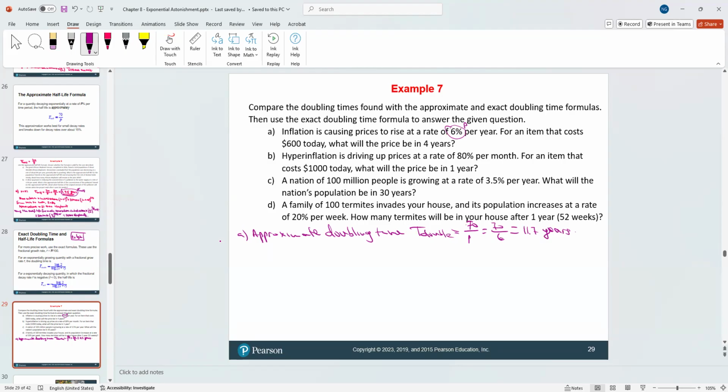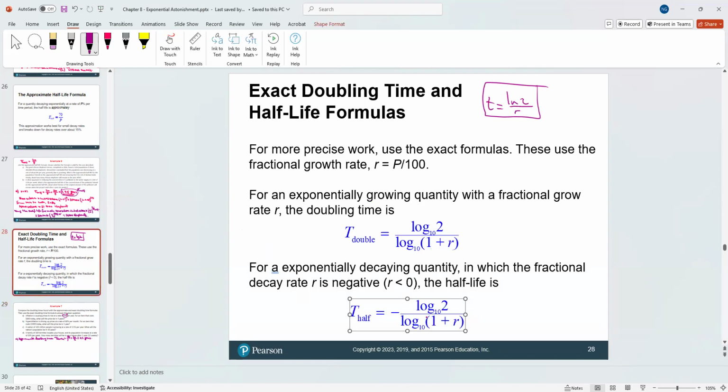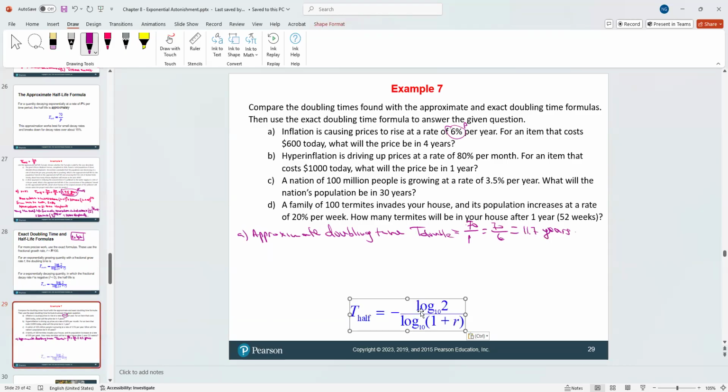So the exact doubling time, if we use the exact doubling time formula we just saw here. Right, if we use the exact. Exact doubling time, right?